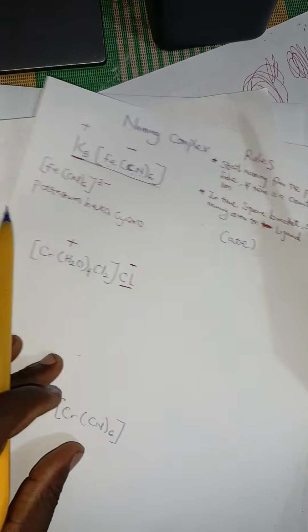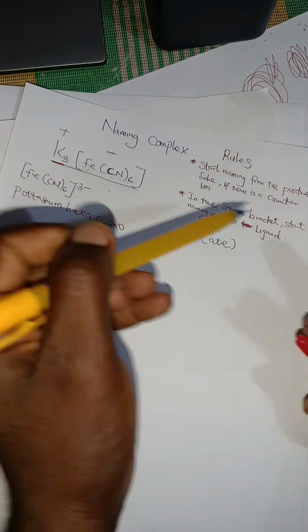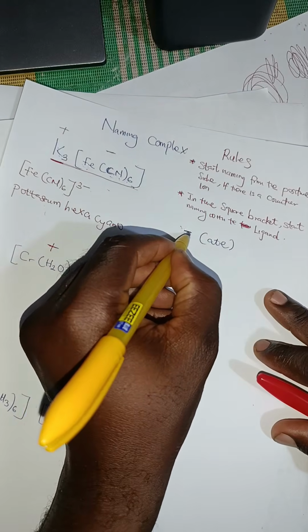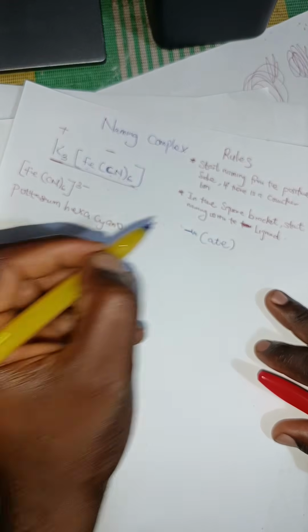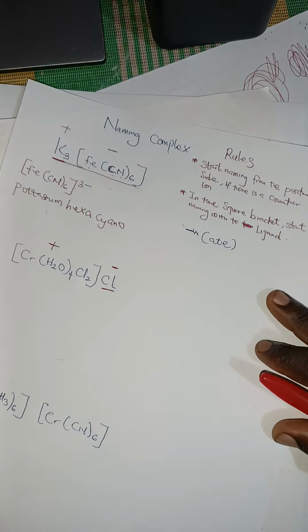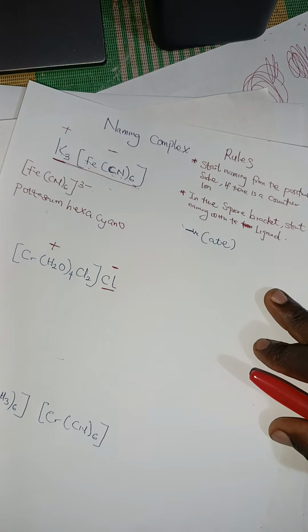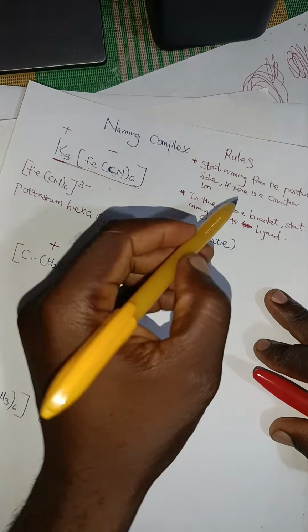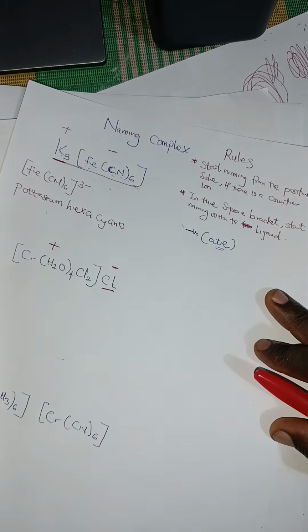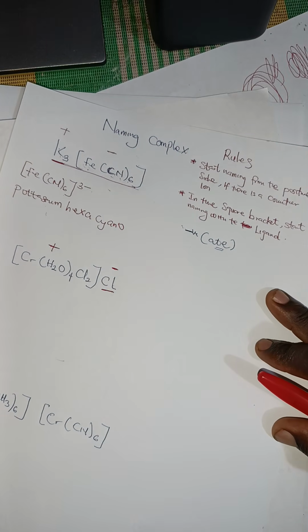If it is a negative square bracket, then the name of the transition metal will end with ATE. Cobalt will be called cobaltate. Chromium will be called chromate. Platinum, platinate, like that. Then ferrous, which is iron, will be called ferrite.